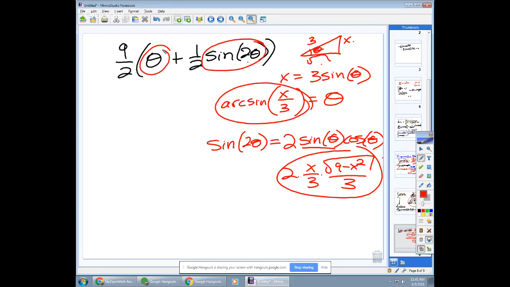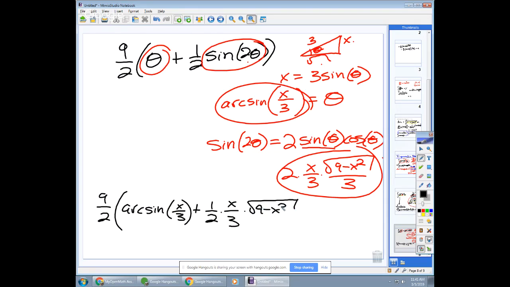So let's do that and clean it up. So now I've got 9/2 parentheses, theta is the arc sine of x over 3, plus 1/2 times x over 3 times the square root of 9 minus x squared over 3.